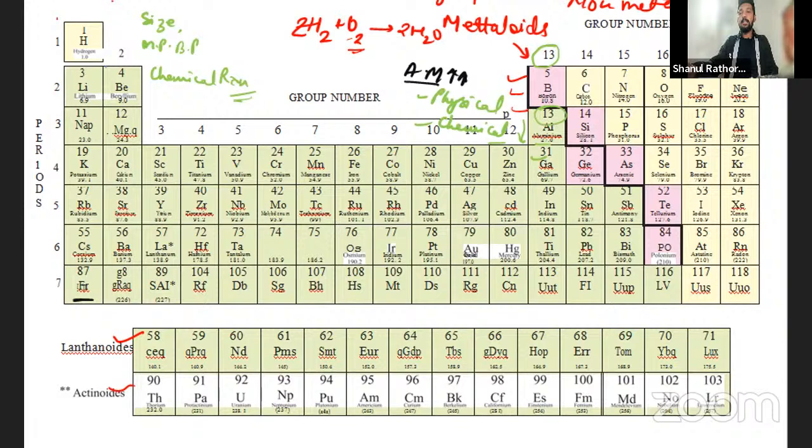Similarly, he predicted properties of all the elements that were missing in his periodic table. And after numerous efforts, Mendeleev successfully created a proper periodic table, as we can see here, and he published this periodic table in 1872.